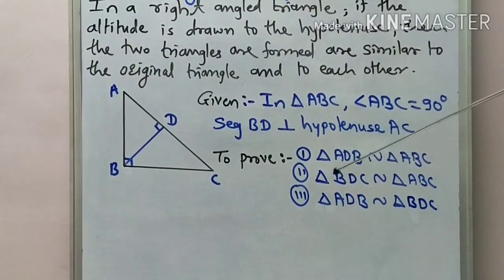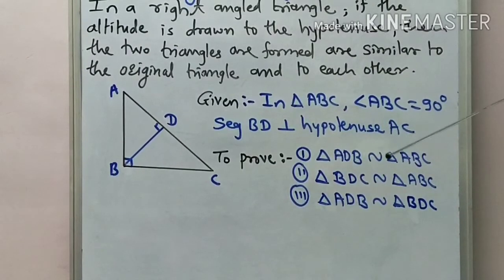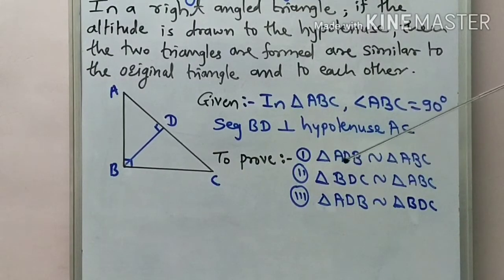Usually, to show that two triangles are similar, one of the most useful tests is what? Yes, of course, the AA test. It means that to prove these two triangles are similar, we must show that two pairs of corresponding angles of these triangles are congruent.